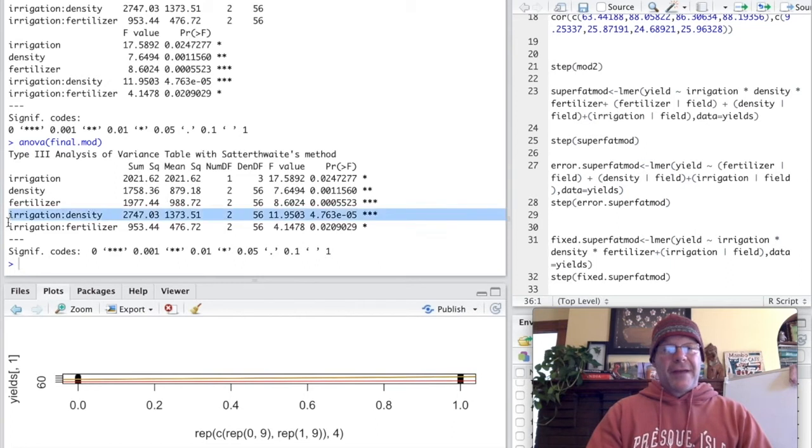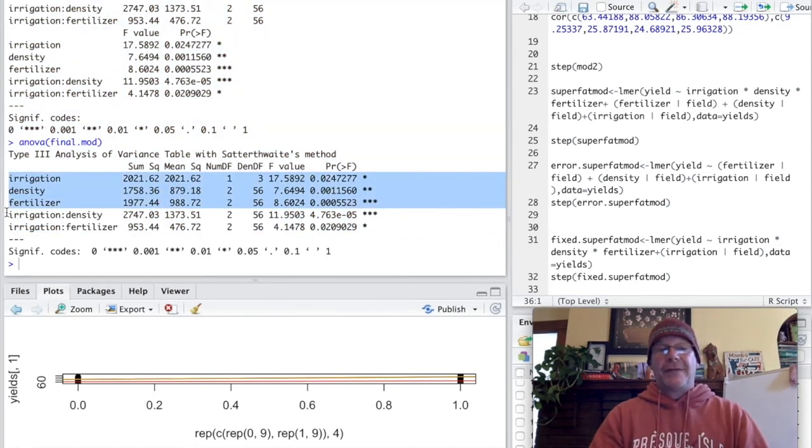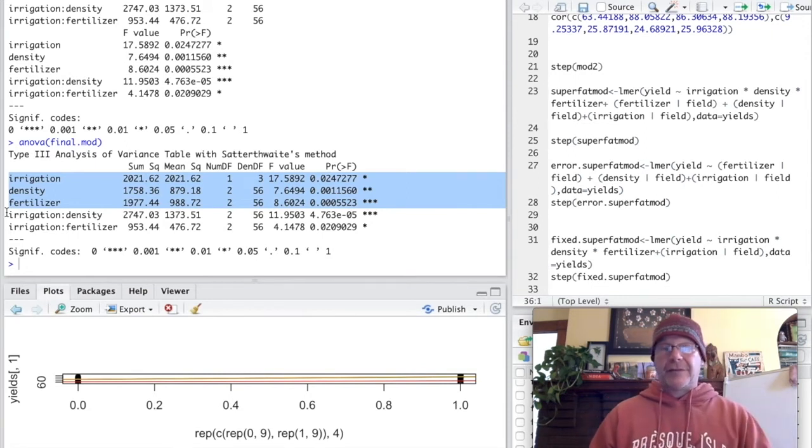And then just as we did before, when we notice that there's this significant interaction term, what that's telling us is that we can no longer trust the hypothesis testing for the fixed effects alone. And so what we'd want to do is a follow-up, and we would want to split those into separate models. So we would run this exact same procedure then, only looking at high irrigation or only looking at control irrigation to understand what the effects are on density and fertilizer.